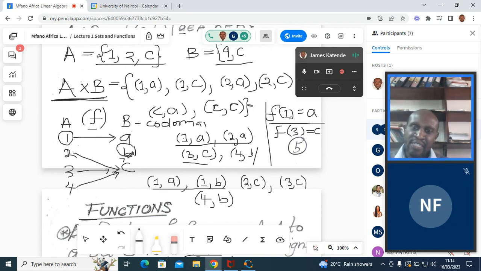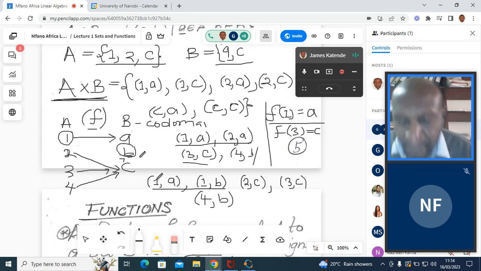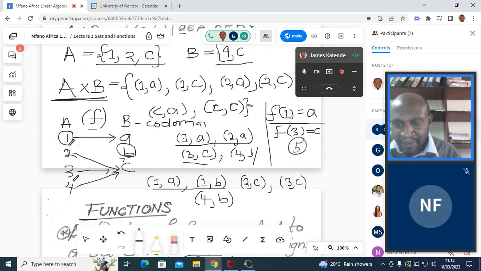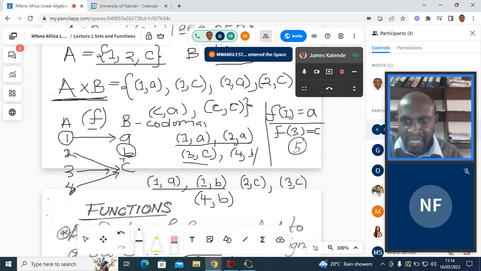There's nothing that is mapped to B, but this is still a function because if you write them out as ordered pairs, each of the values in the domain will occur exactly once as the first slot in the ordered pairs. So this is also a function where 2, 3, and 4 are all sent to C. 1 is sent to A.